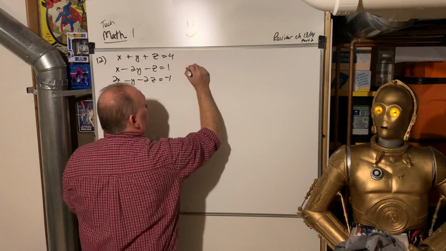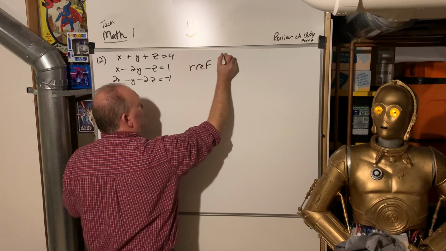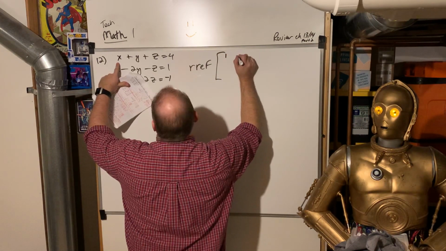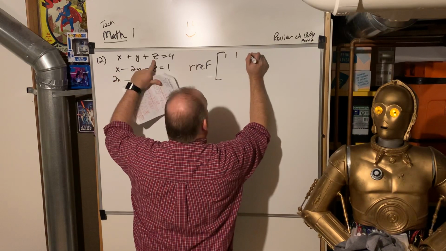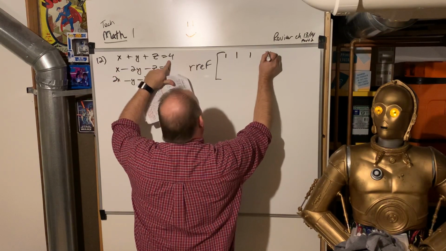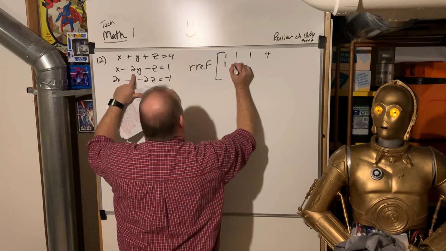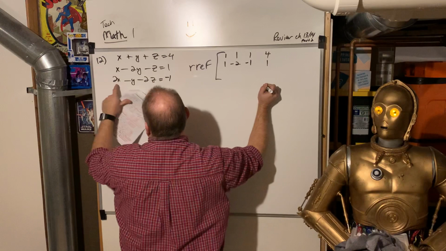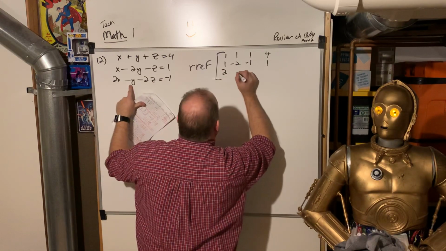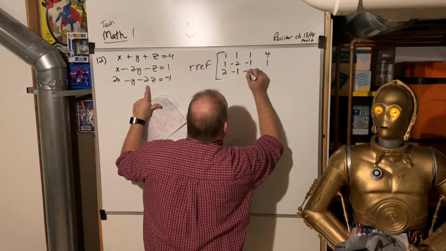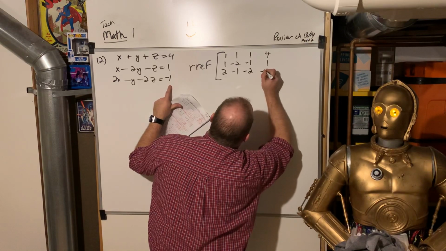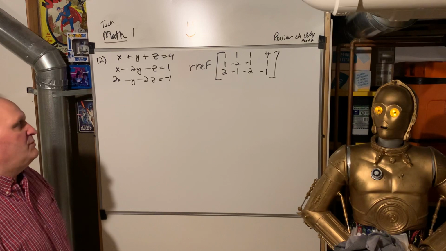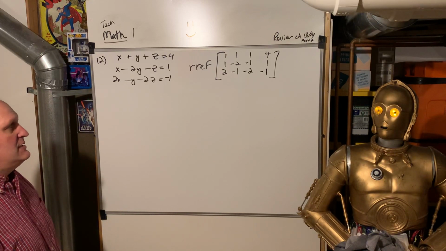And what we're going to do is the reduced row echelon form, RREF, of 1, 1, 1, 4; 1, -2, -1, 1; 2, -1, -2, -1. So you put it in as a 3 by 4 matrix.